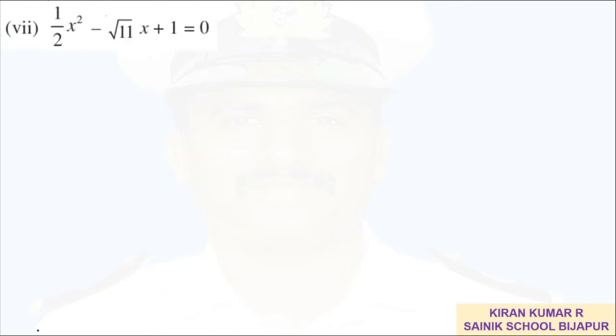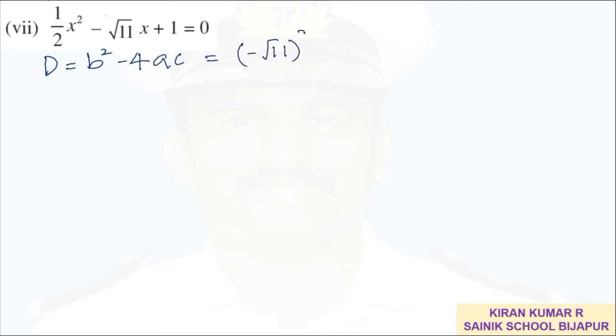The last sub question of the first main: half x square minus root 11 x plus 1 equal to 0. Again, we shall find the discriminant by using the formula b square minus 4ac. Be very careful, the value of a is half, value of b is negative root 11.